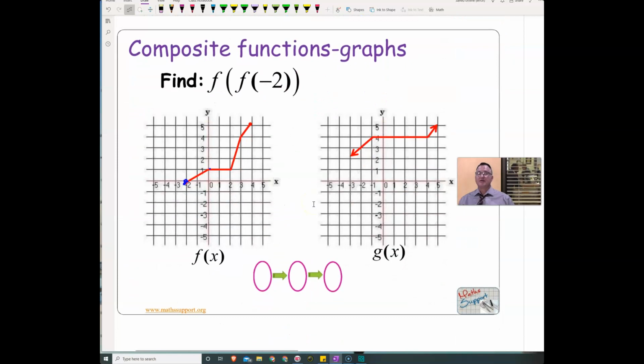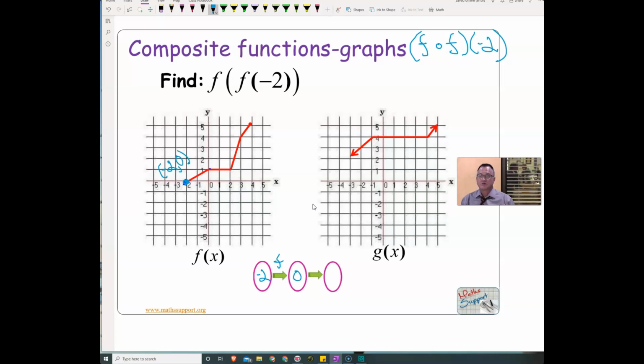Okay, now you've got a function going into itself. So our input is -2. And again, this would be the same as writing F composition symbol F of -2. Okay, so it's going to go into F. I'm going to get an answer. So when x is equal to -2, the y coordinate is 0.